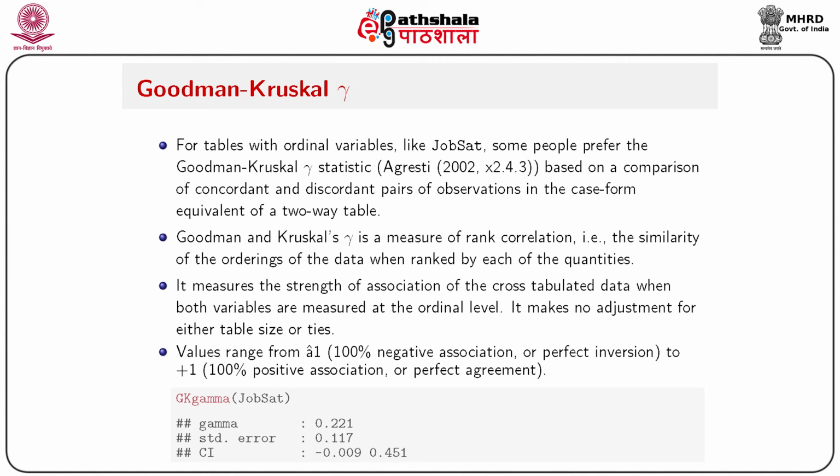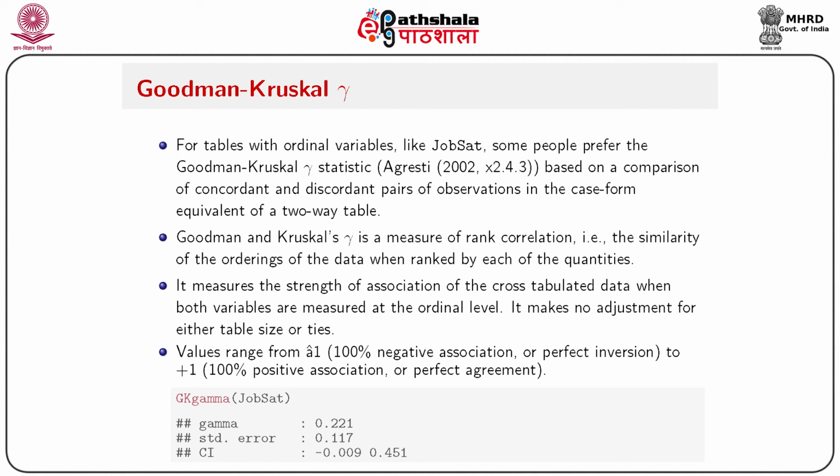It measures the strength of association of cross-tabulated data when both variables are measured at the ordinal level. It makes no adjustment for either table size or ties. The values range from -1 to +1, that is, 100% negative association to 100% positive association, where 1 is perfect agreement and -1 is perfect inverse disagreement.